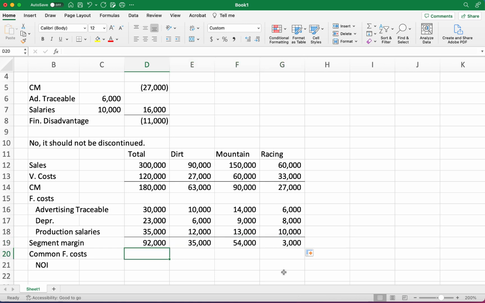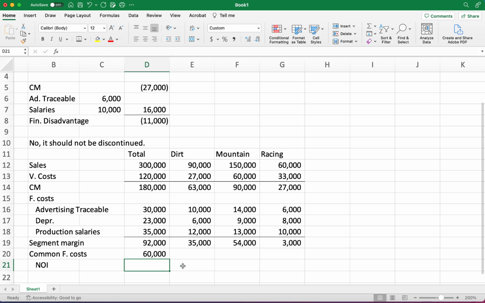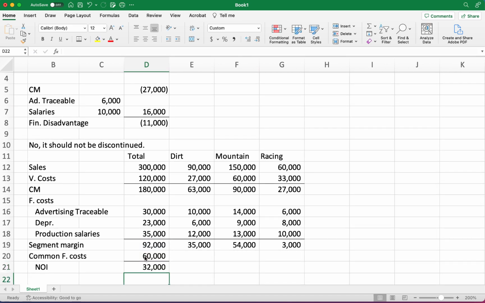Okay, we can see here that the total allocated common fixed costs are $60,000 in total. Okay, remember, common fixed costs we do not allocate in our segmented income statement. So we can see now that the net income is $32,000.